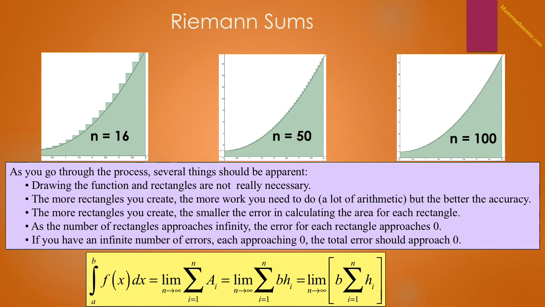That represents the limit as n approaches infinity of the summation i equals 1 to n of b h sub i, because h sub i are the heights of each rectangle. And that will equal the limit as n approaches infinity of b summation i equals 1 to n of h sub i. We will see this in the upcoming examples.